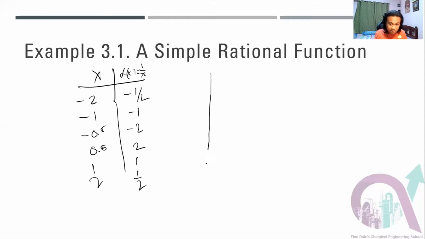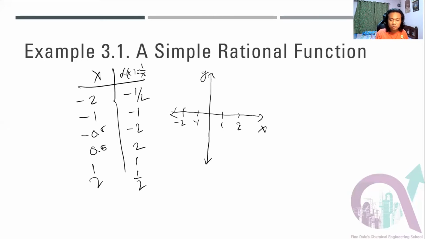So, if i-graph na natin siya, ang asymptote is x is equal to 0, which is itong vertical line natin. Okay? So, ito ang asymptote. So meaning we should not approach that value.